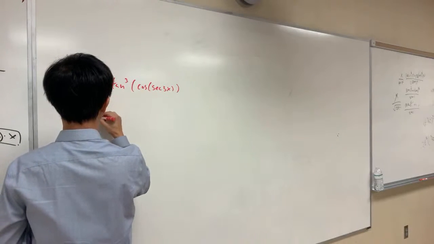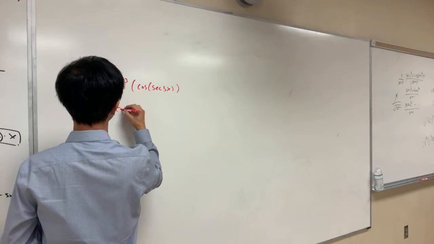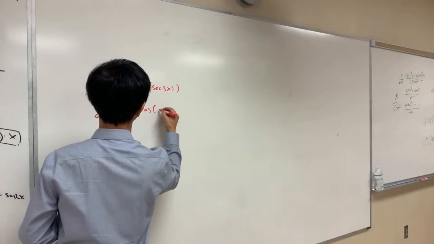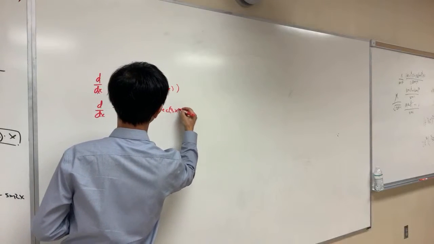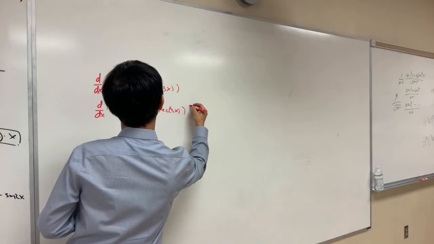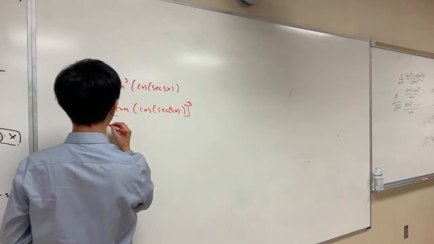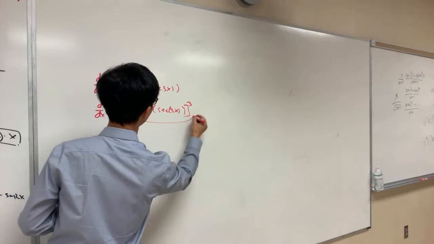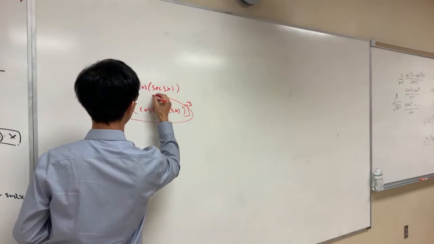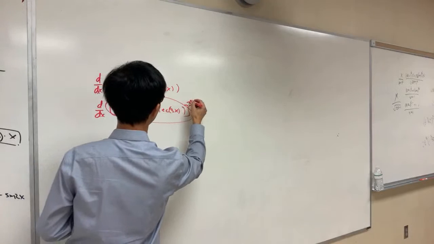So what I do is I will put a tangent to the cosine of secant 3x to the third power, in brackets. So now I'm kind of drawing a bubble here. That's the tangent one, and there's a 1 here.